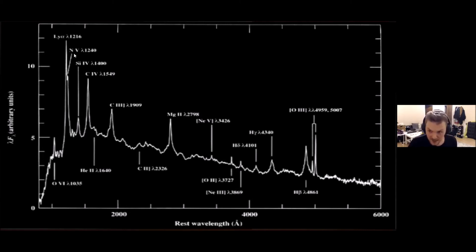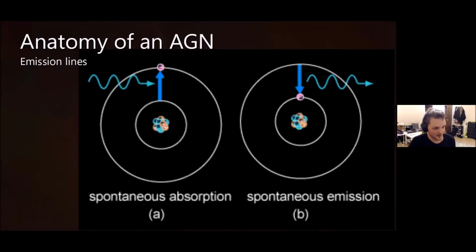And just in case, the thing that gives rise to these emission lines is spontaneous emission. The very basics behind it is that you have an atom with different electron shells, and whenever an electron goes from an outer shell to a lower shell, it needs to get rid of some energy, and this energy is emitted as light.